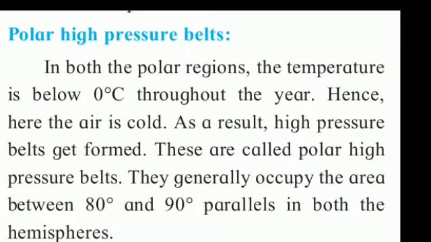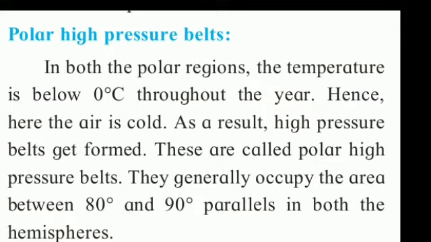Polar high pressure belt. In both the polar regions, the temperature is below 0 degree throughout the year. Hence, here the air is cold. As a result, the high pressure belt gets formed. These are called polar high pressure belts.